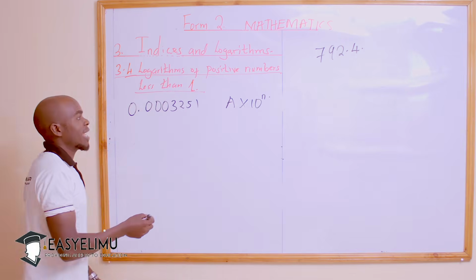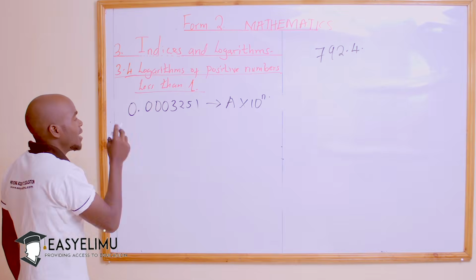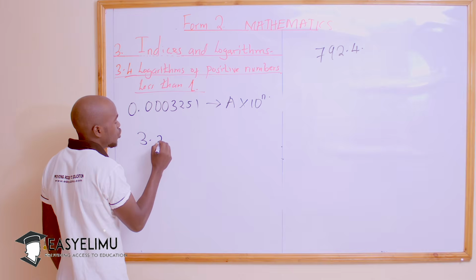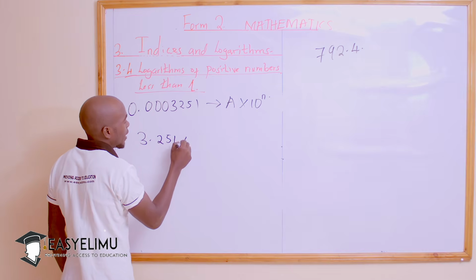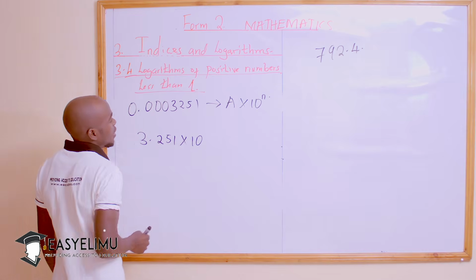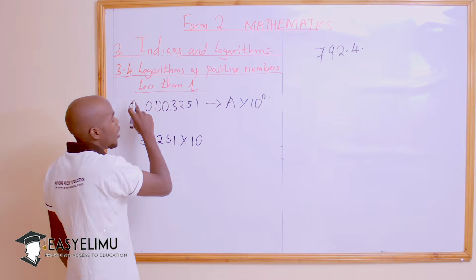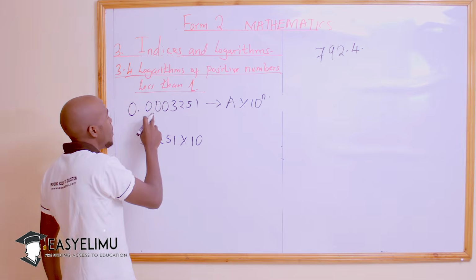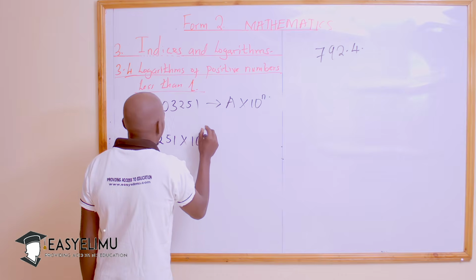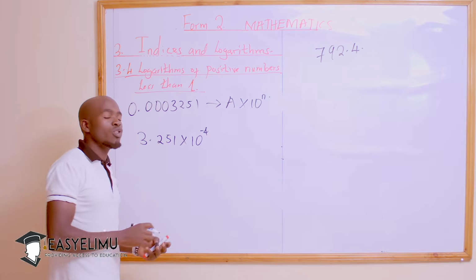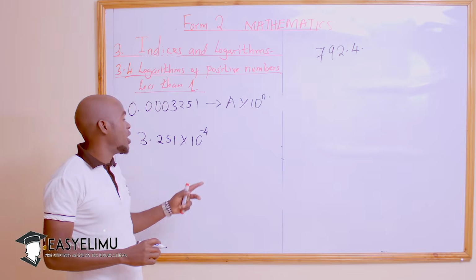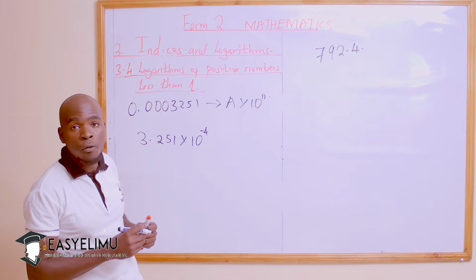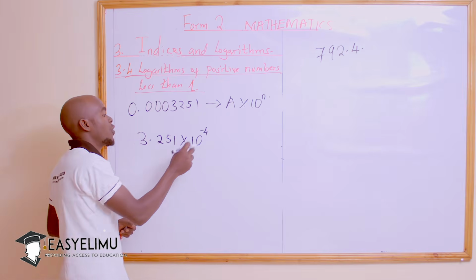Changing that number to that form, we shall rewrite it as 3.251 times 10 raised to the power of, where the decimal point is moving to the right, and that will be equal to 4. So since you have moved to the right, it means what you have here will be 10 raised to negative 4. So that is what we have.